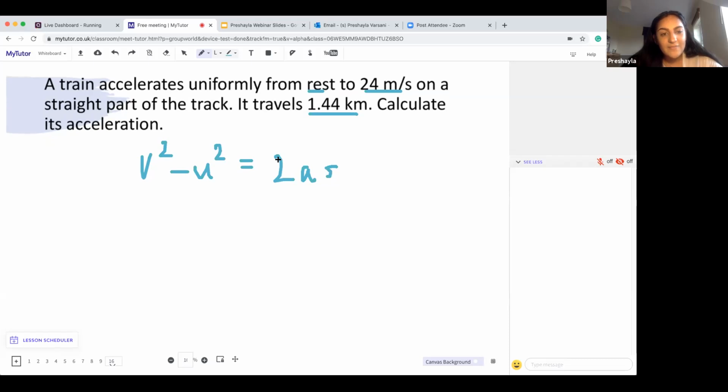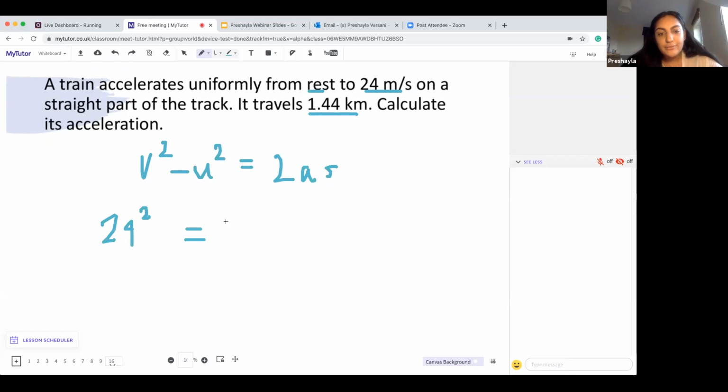So now we have to find acceleration. We have our final speed 24, v. We have our initial speed 0, rest. So I'm just going to pretend that u squared goes to 0. And so I'm just going to leave it like that, because there's a little imaginary plus 0 in there.